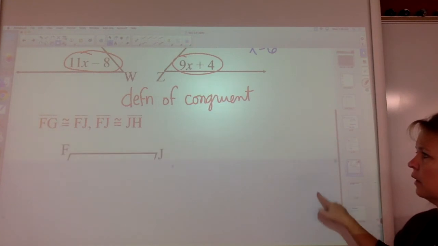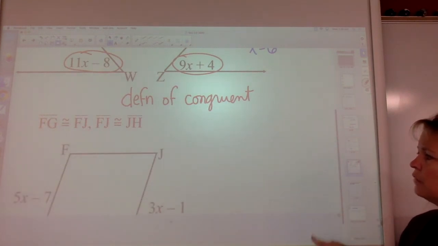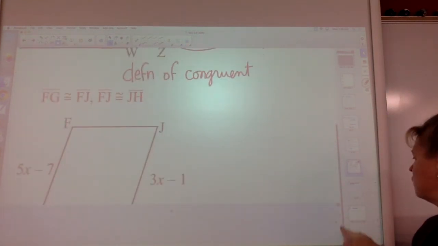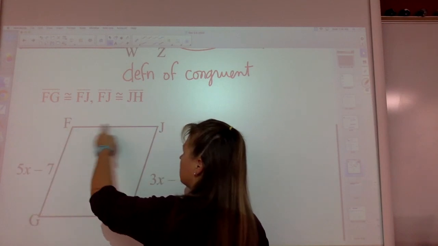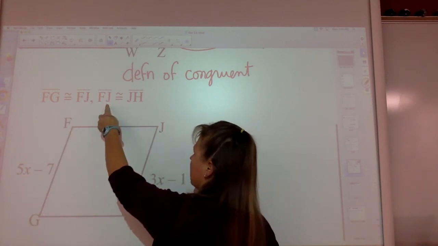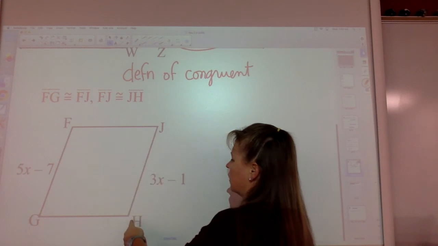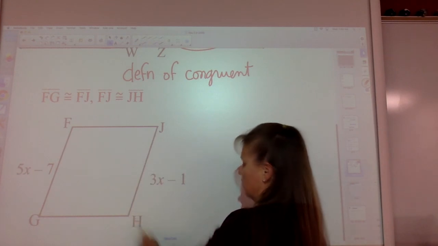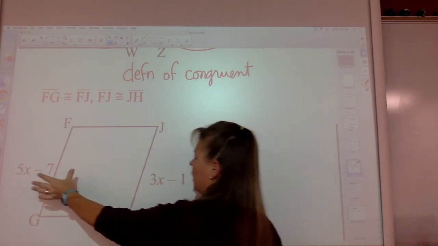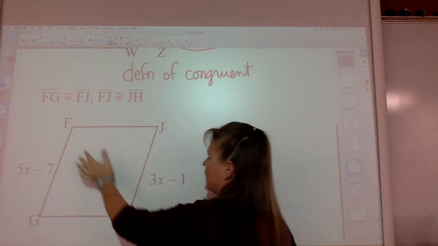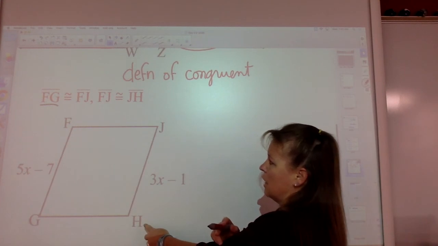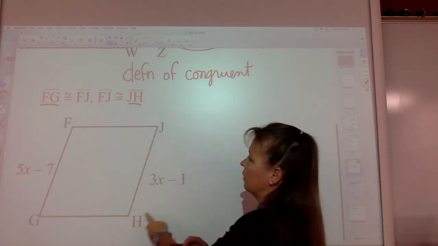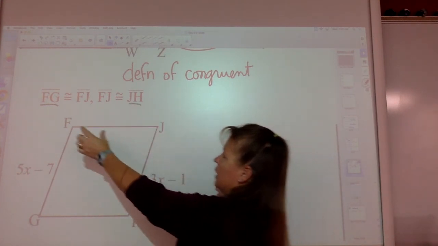Let's try the second one. Segment FG is congruent to segment FJ. Segment FG, so this 5x minus 7, is congruent to segment FJ. Segment FJ is also congruent to segment JH. Well, if we want to find how big x is, we have to know something about FG compared to segment JH. It doesn't say anything up here, but it kind of does.